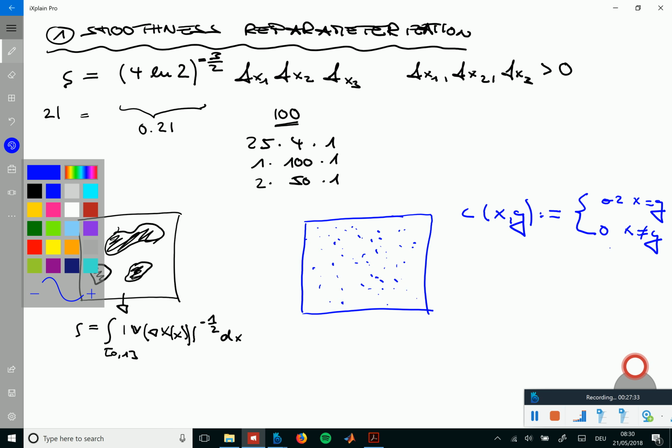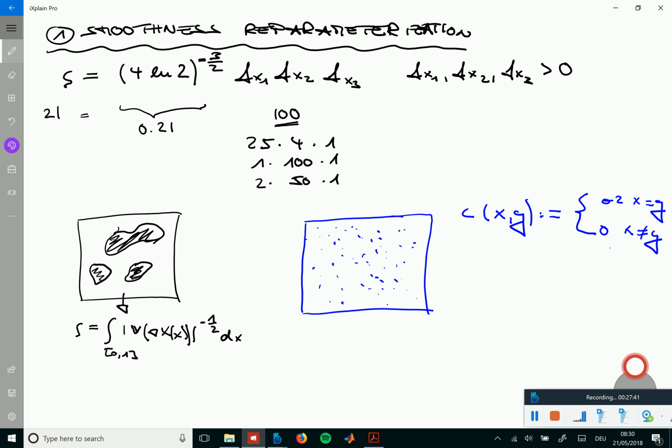Now assume that this is smoothed with, in this case, a two-dimensional Gaussian kernel. So we are looking at a two-dimensional white noise random field, and we now think about smoothing this, or convolving this, which is the same thing, with a Gaussian kernel.